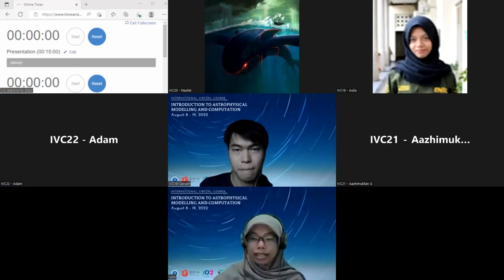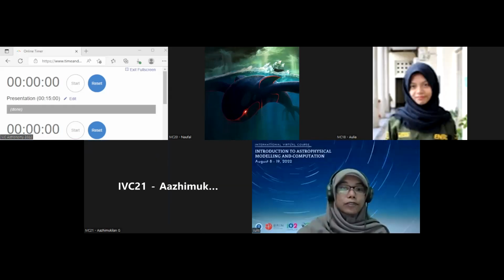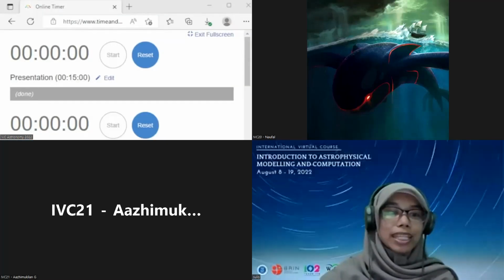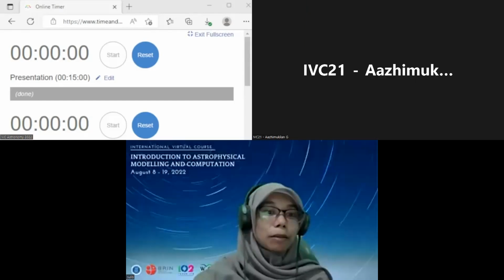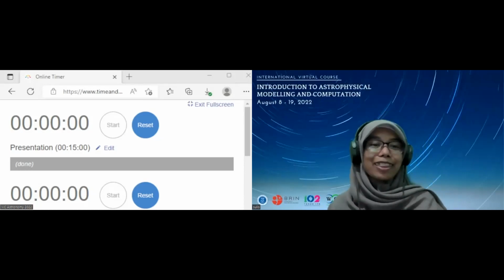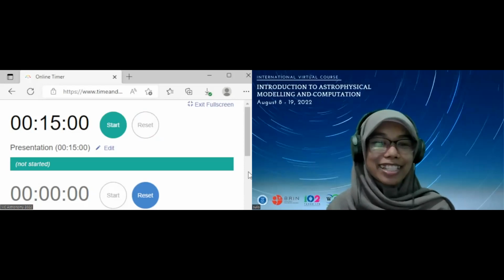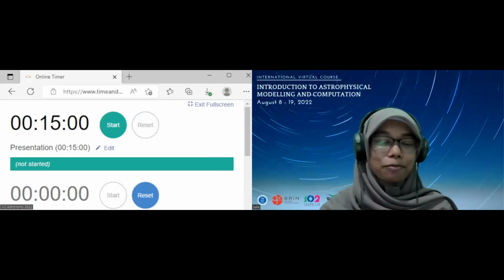So let me check. Right, so 2 last groups left. The next one would be the N-body simulation by using Amuse. This group just changed their topic last minute because they thought that the initial topic was too difficult to do. So they proposed to do this topic instead. So are you ready to present this topic, group 6?